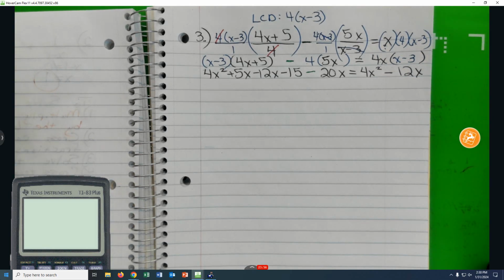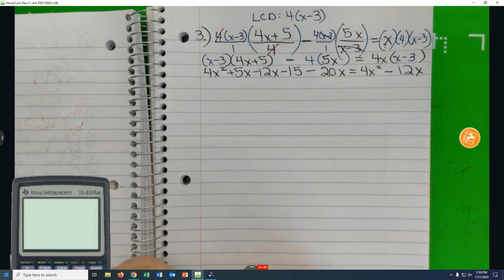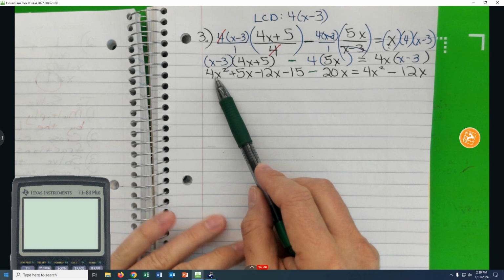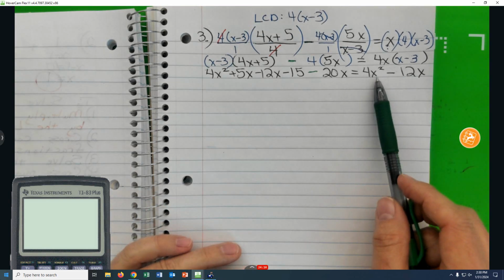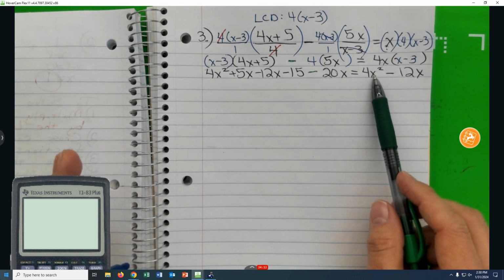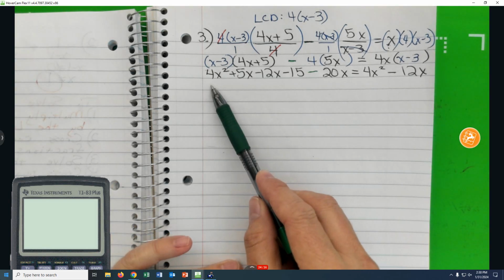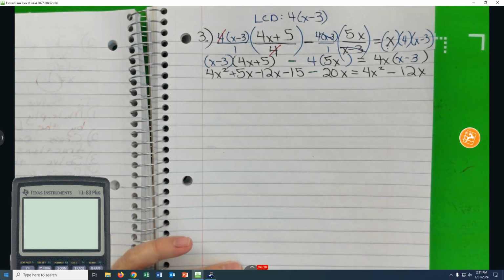That's why this is a good first problem. I was thinking, this seems like a messy problem for the first one that we have to solve. Do y'all see what I'm seeing? Look at that 4x squared and 4x squared. It's quadratic, or so we think, but when we move this 4x squared over and combine it with this 4x squared, what's about to happen?